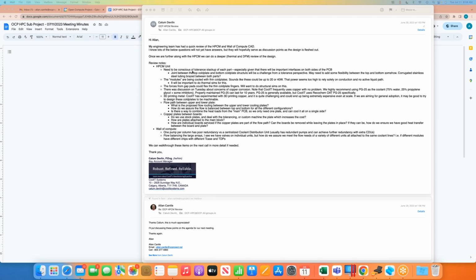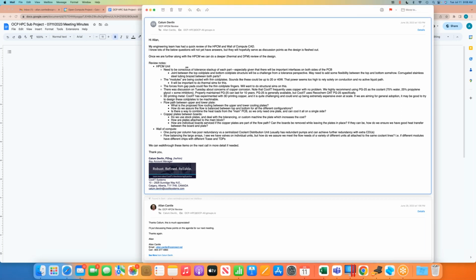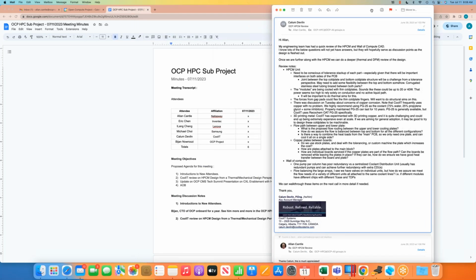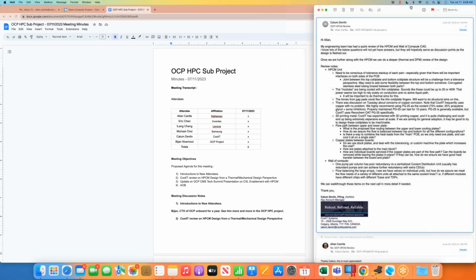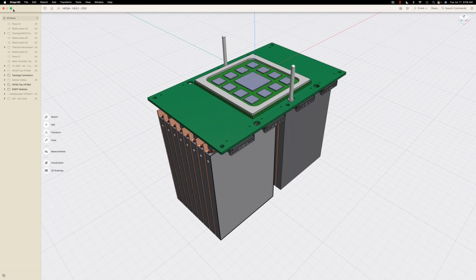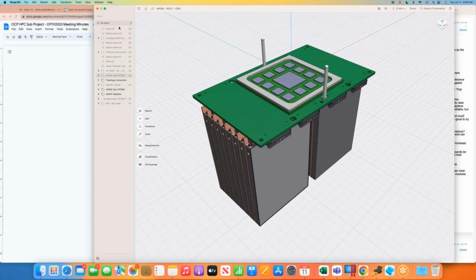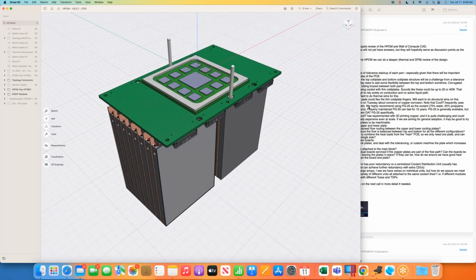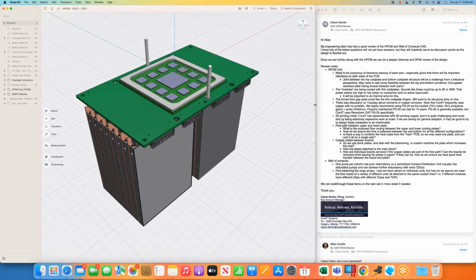Maybe Alan, can you bring up the CAD? Let me see if I can tuck this in the corner and bring the model up alongside it. Let me just shrink this down. Okay, there you go. Hopefully that's readable.